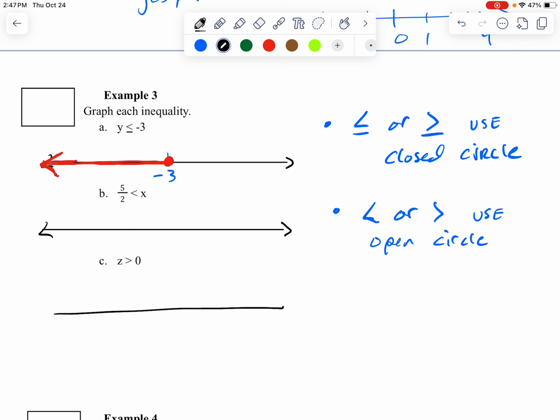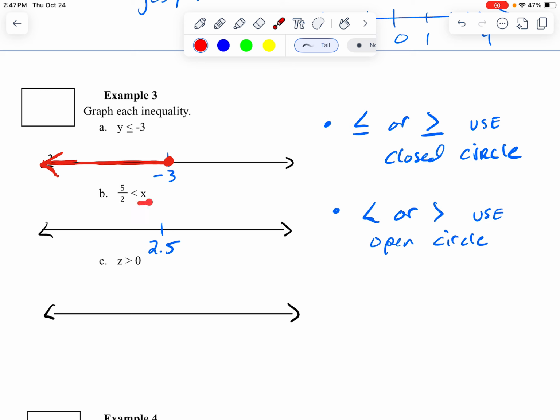Just going to draw both my lines here while I've got the same pen out. Looking at B, so 5/2, 5 halves. We could also write that as 2.5. And that is less than x. So x is all of those values greater than that. So we're going to be shading this way.